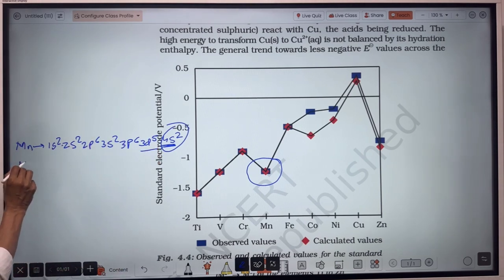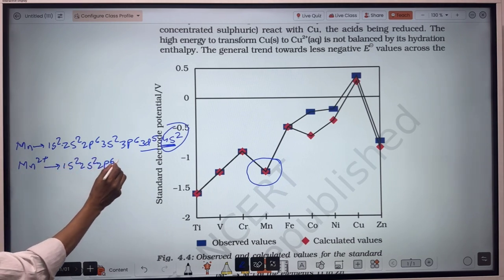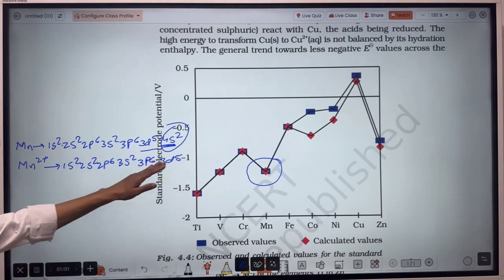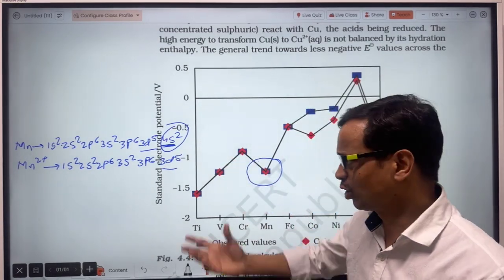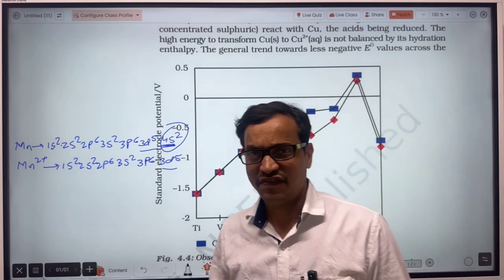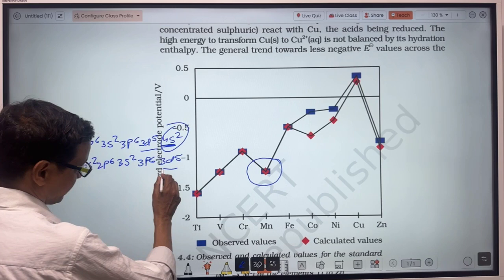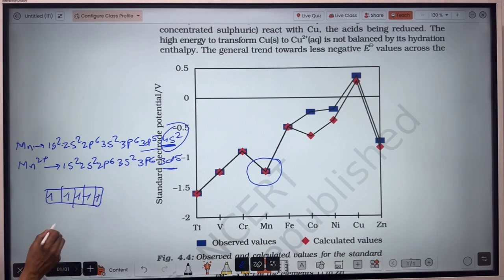So in the +2 oxidation state, its electronic configuration will be 3d5. In the d subshell there are 5 orbitals, and d5 means all these 5 orbitals of the d subshell are singly occupied. That means these orbitals are half filled.